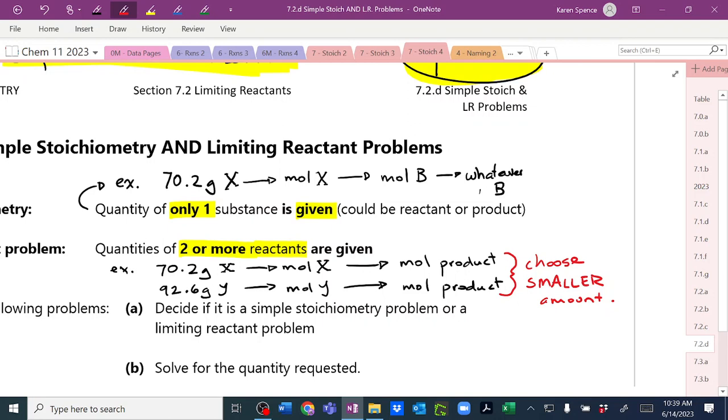For limiting reactant, you'll be given two reactants for which you can find moles. So you then have to find moles of product and choose the smaller amount. And that will also help you to determine which is the limiting reactant, okay? So that's going to be part of this 52 to 54 part.